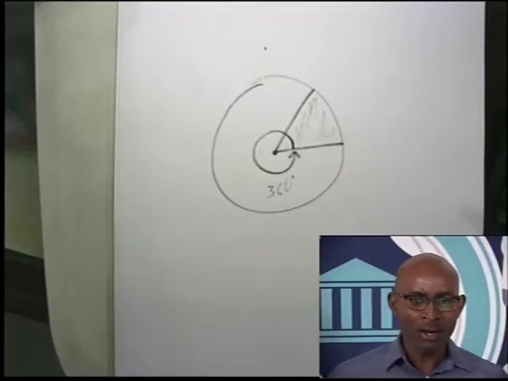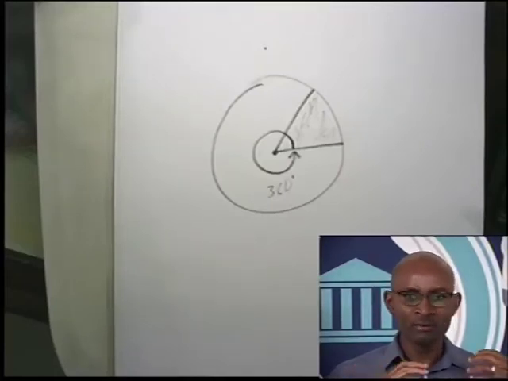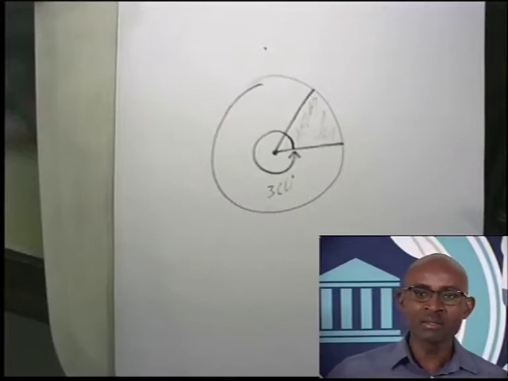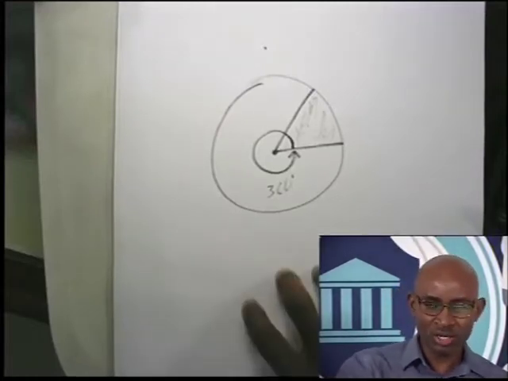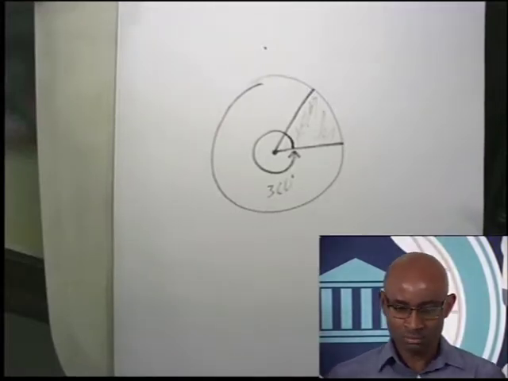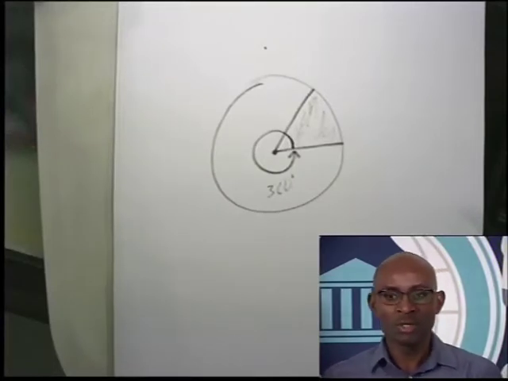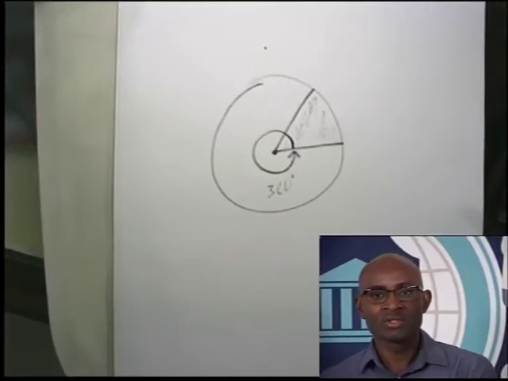And therefore, if you have a count of, say, 10 people, and you want to represent that in a pie chart, then this total number of people that you're considering must be equivalent to 360, because this is the whole.